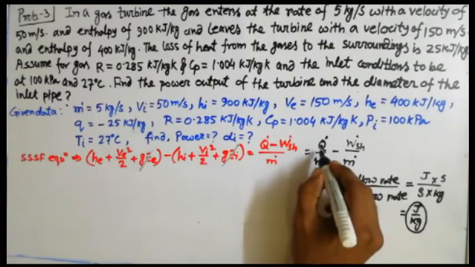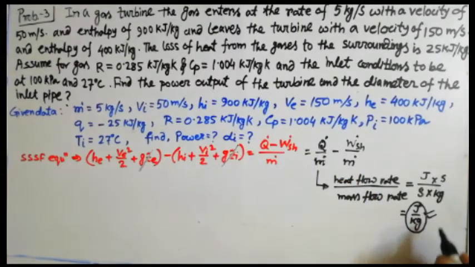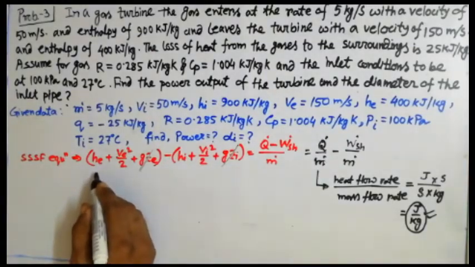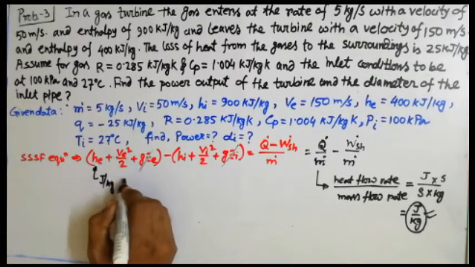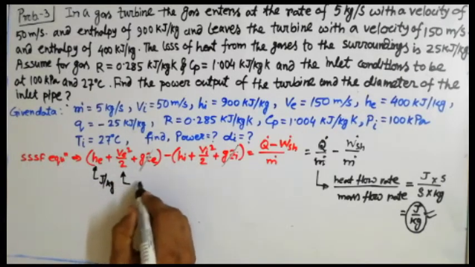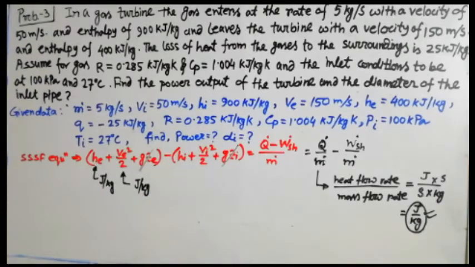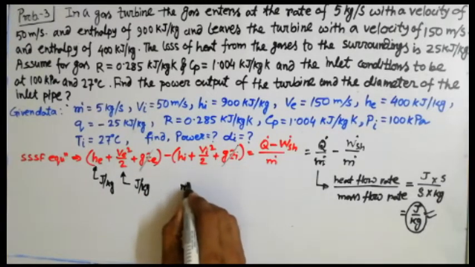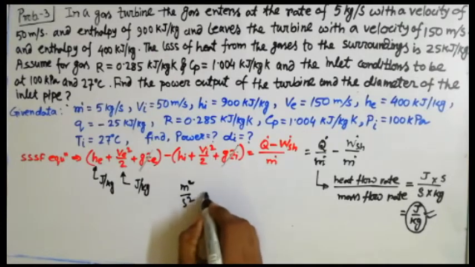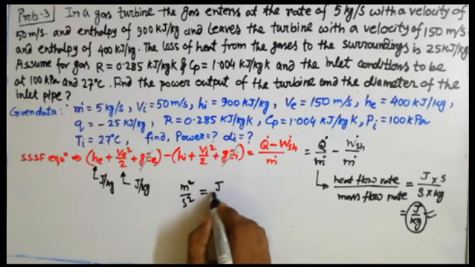So Q dot by M dot comes with a unit of joule per kg, and we all know that specific enthalpy should also come with a unit of joule per kg, and velocity square is also joule per kg. I explained in the first problem how meter square per second square is joule per kg.